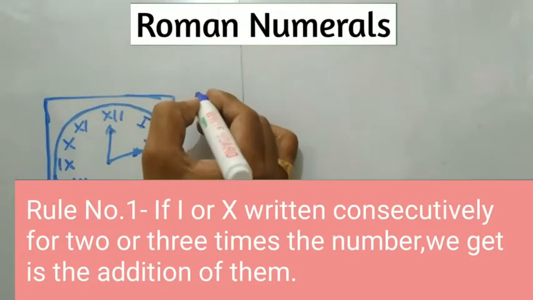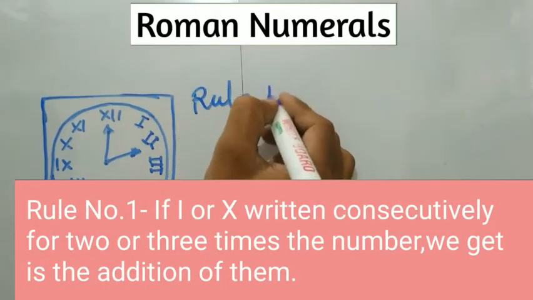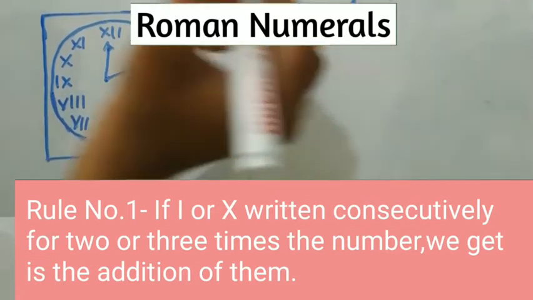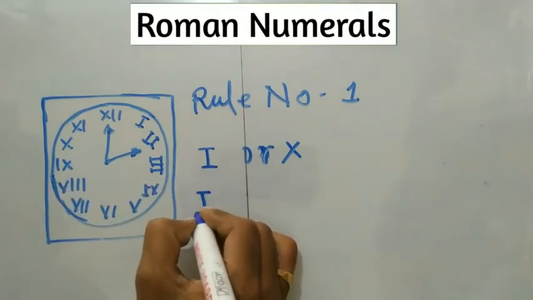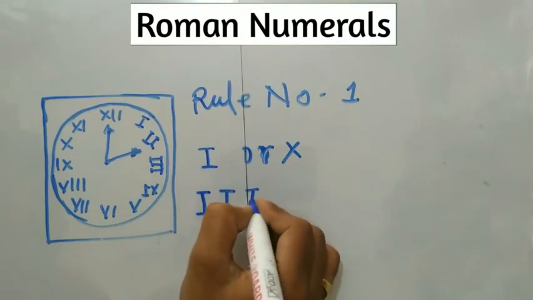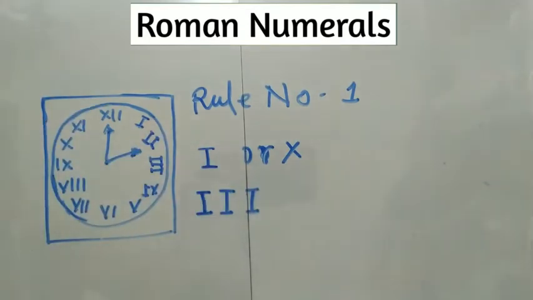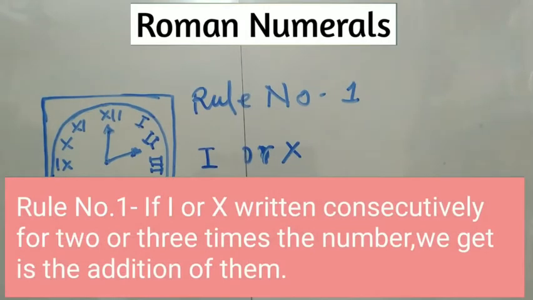Rule number 1: if either of the symbols I or X is written consecutively, 2 or 3 times, their sum total is the number they make. So which number will this form?